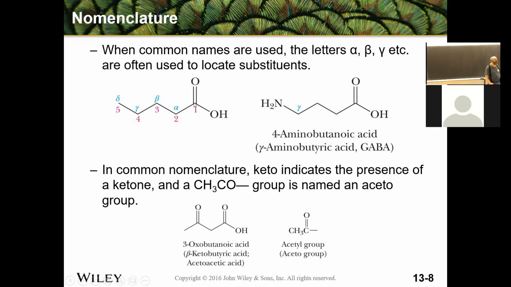This is alpha to the carboxylic acid. This position is beta, gamma, and so forth. 4-aminobutanoic acid is also known as gamma-aminobutyric acid. Notice the common name is slightly different. This is GABA. This is actually a neurotransmitter.